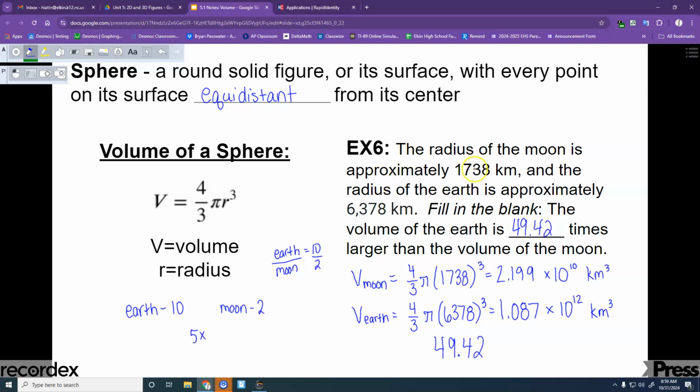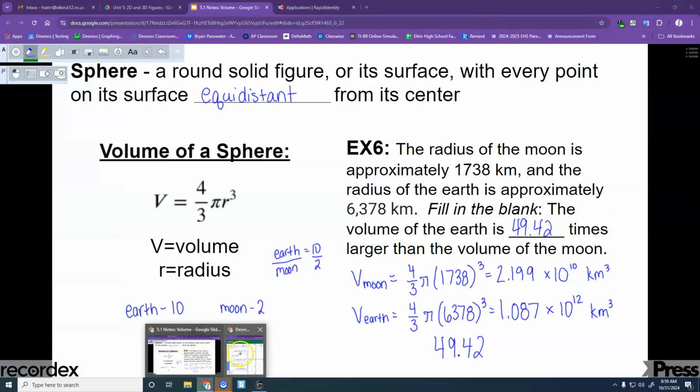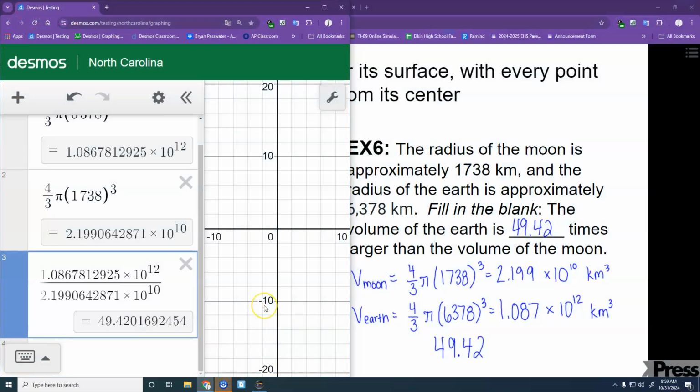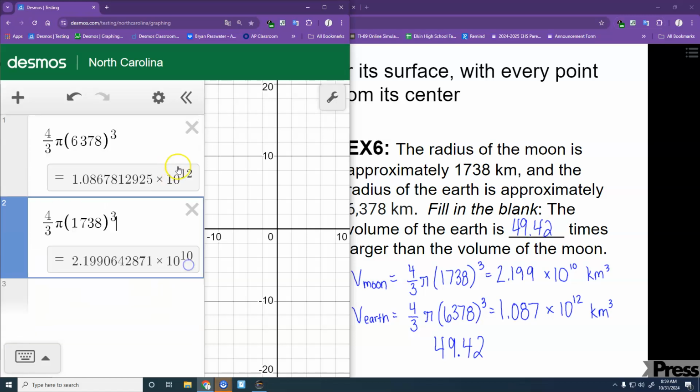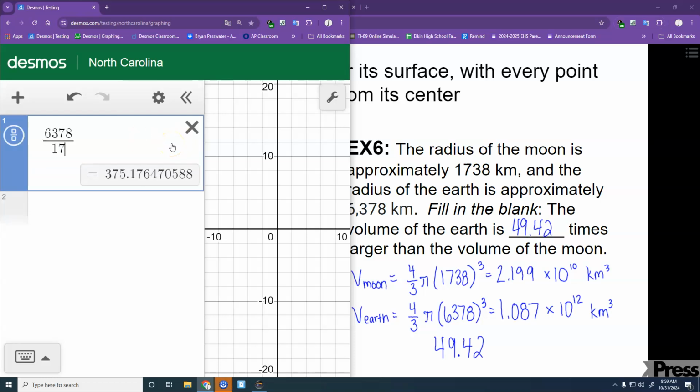How many times larger was the radius? About 6, right? Maybe a little less than 6. If I take the radius of the Earth, 6378, and divide it by the radius of the moon, 1738, it's actually only about 3.6.